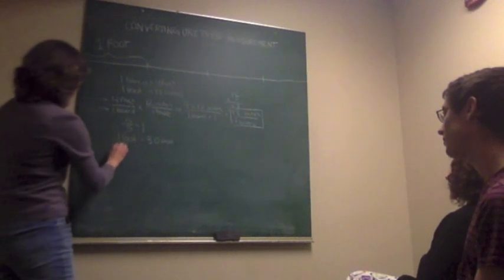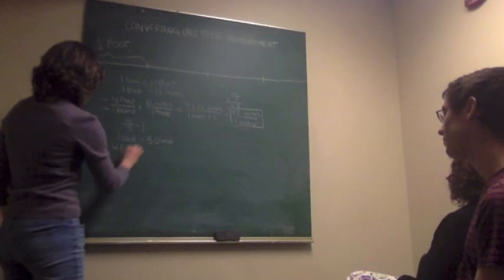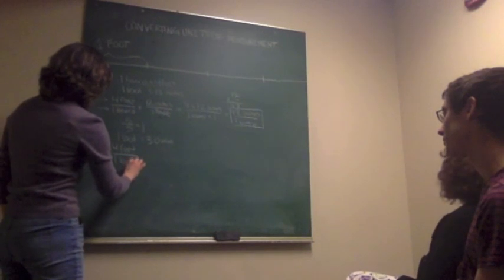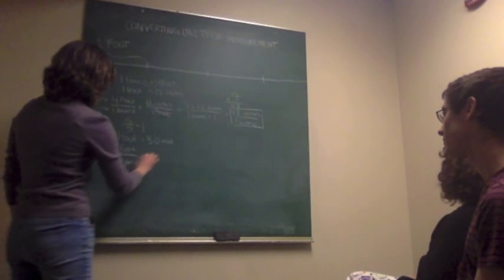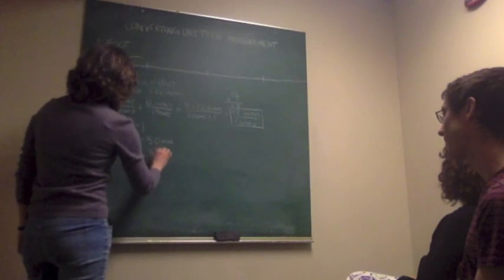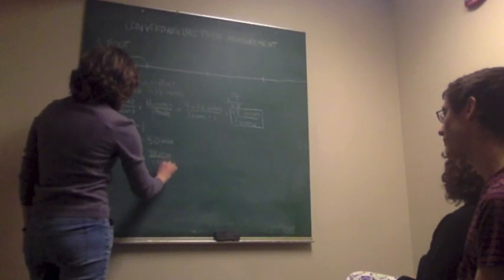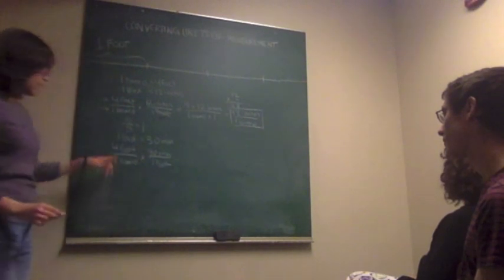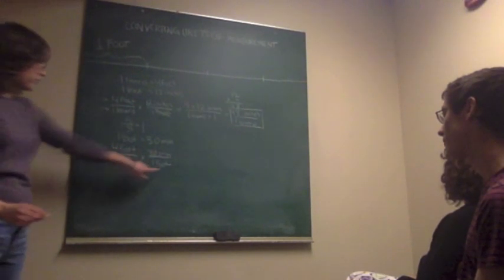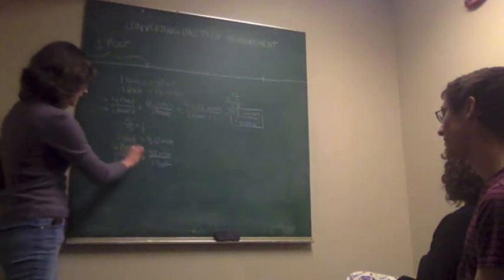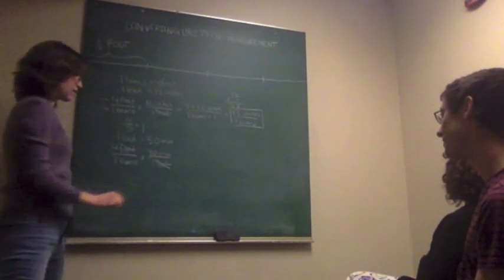So we still have 4 feet per 1 board. And we're going to multiply by 30 millimeters per 1 foot. So again, we have the unit feet in the numerator and feet in the denominator. So this means that we can cancel the units here.